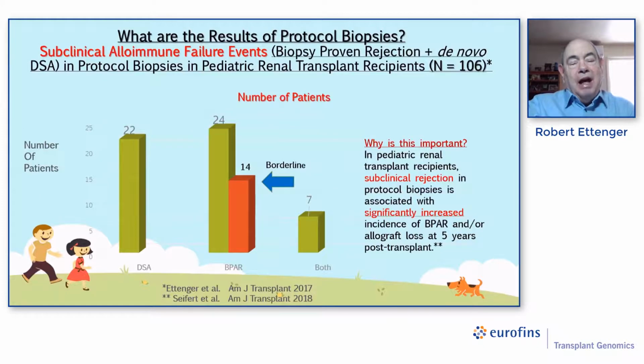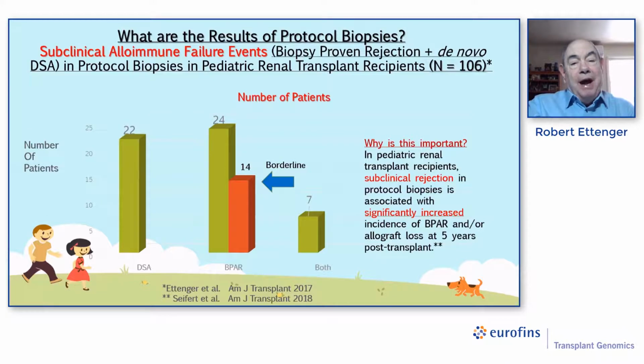Now, we looked in a study that I published about 2 to 3 years ago in HAT. We looked at subclinical alloimmune failure events, and by that, I define that as either biopsy-proven rejection or de novo DSAs.